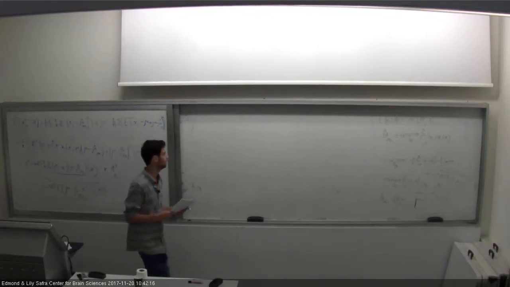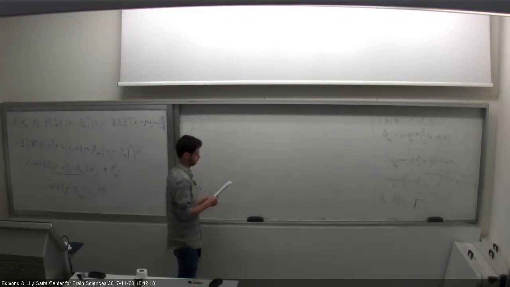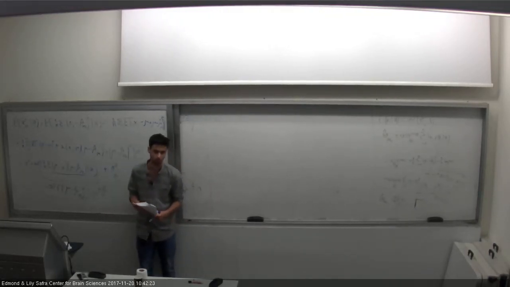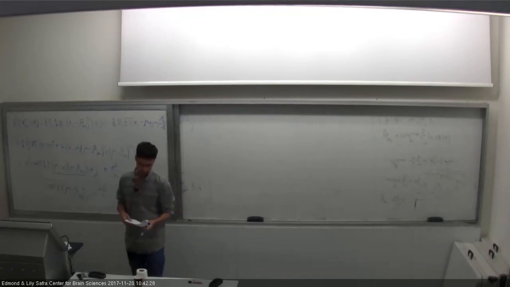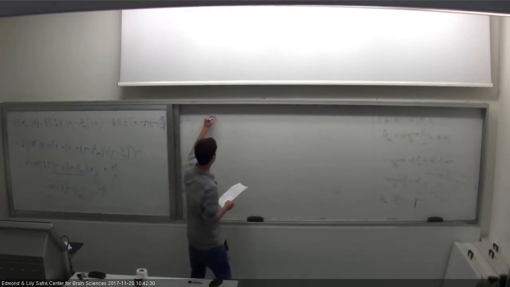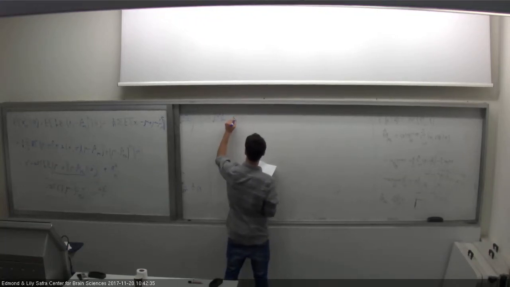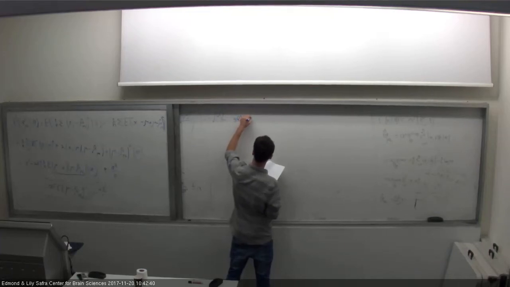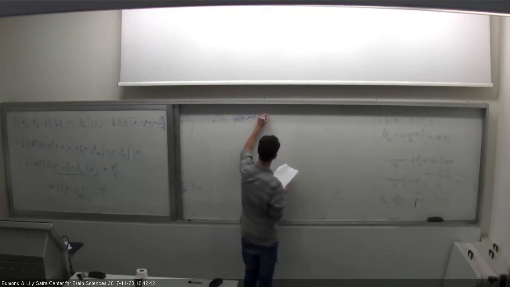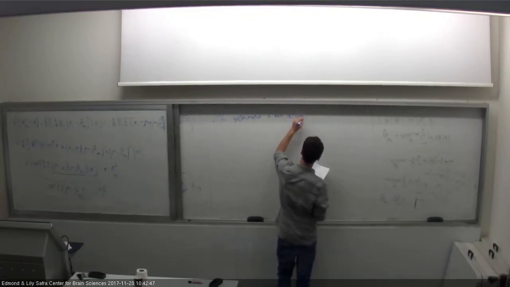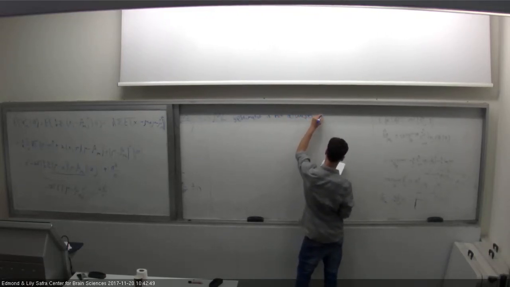One more thing is that the maximum likelihood estimator is not always unique. We saw that it can be biased, and now we will see that there are cases where the maximum likelihood estimator is not always unique.